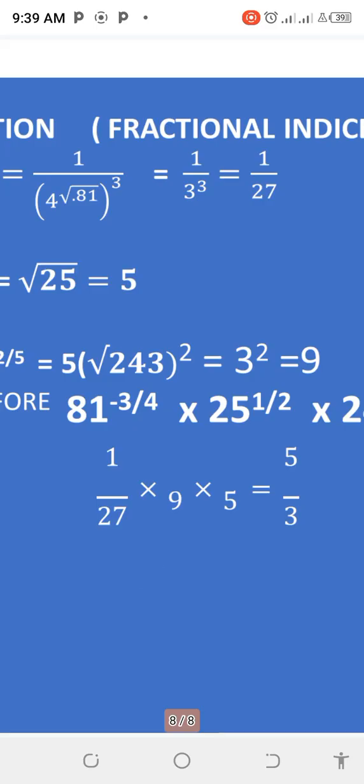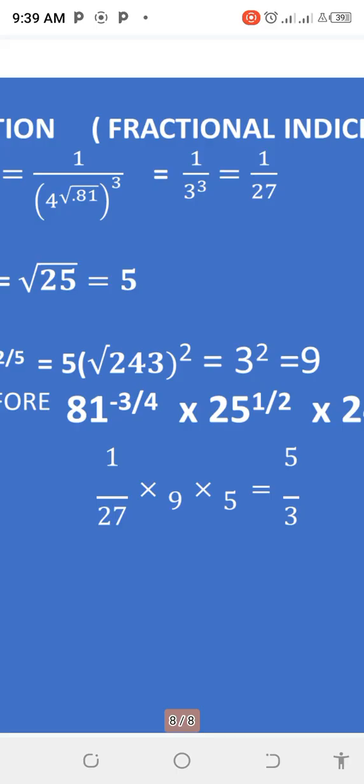Now, nothing is wrong there. This is 1 over 27 times 9 over 1 times 5. What is going to happen is that 9 divided by 9, we have 1. And 9 into 27, we have 3. So what we have in the numerator now is 5. 5 over 3.